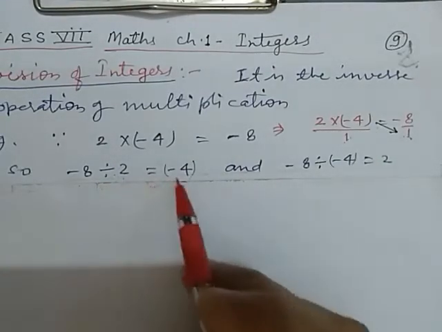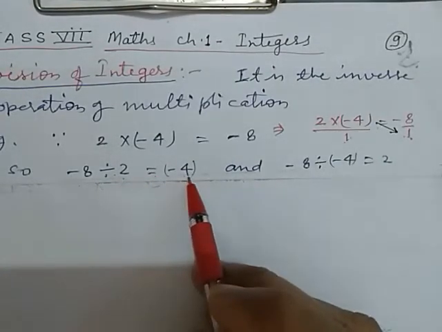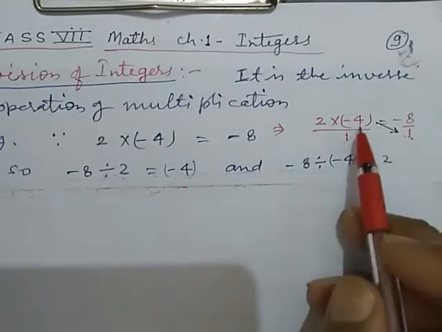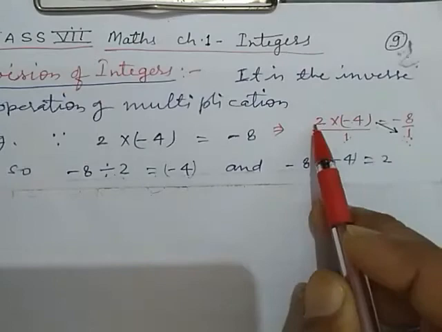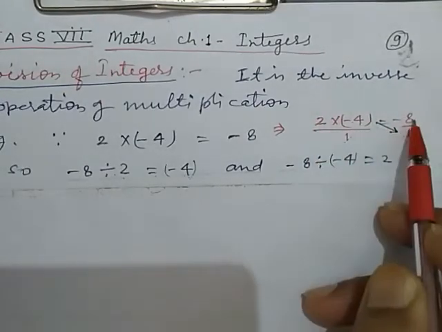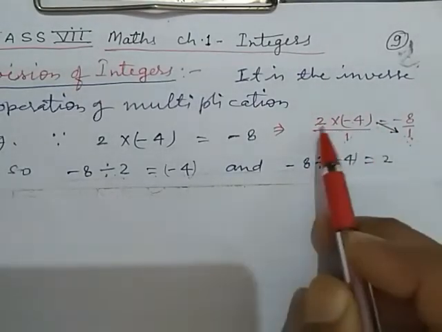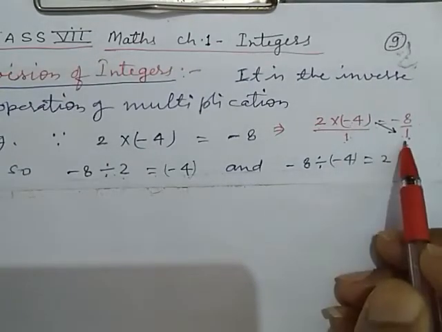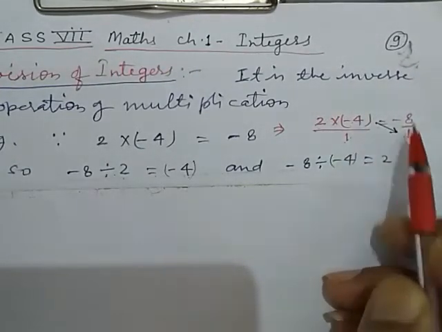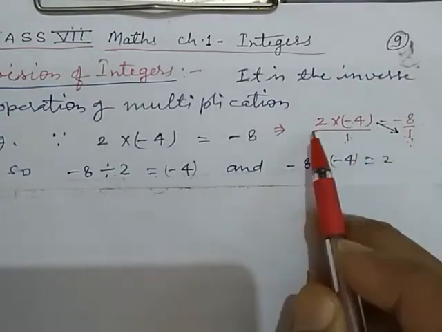Minus 8 divided by 2, we get minus 4. And if we put minus 4 here, then minus 8 divided by minus 4, we get 2. Because this is our result, we already know: 2 into minus 4 equals minus 8. But if we put minus 4 here by cross multiplication, then minus 8 divided by minus 4 equals 2.